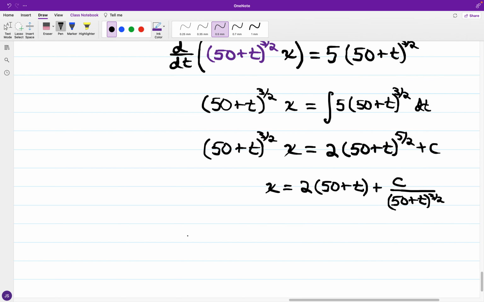Now, initially, the tank has 50 pounds of salt.